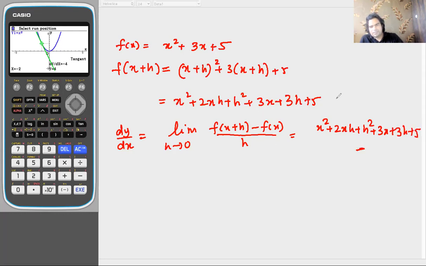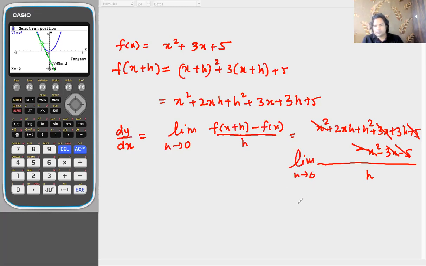So f of x is this, so it'll be minus x squared minus 3x minus 5 over h. So this x squared and x squared cancel, 3x and 3x cancel, 5 and 5 cancel.